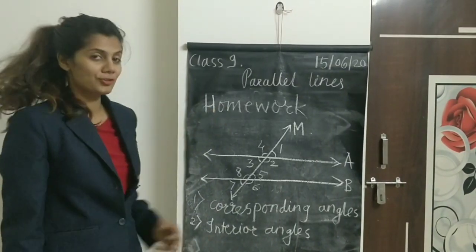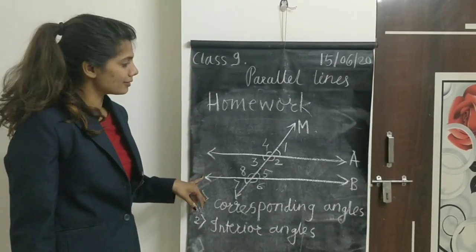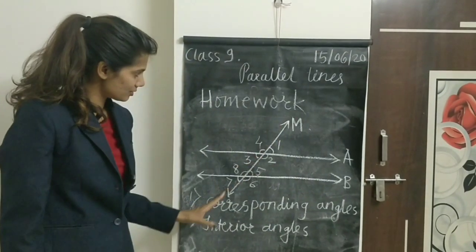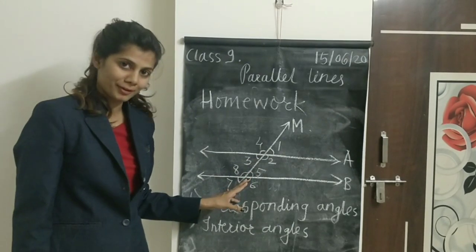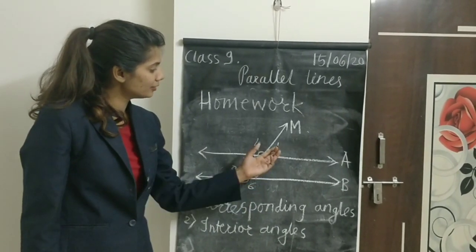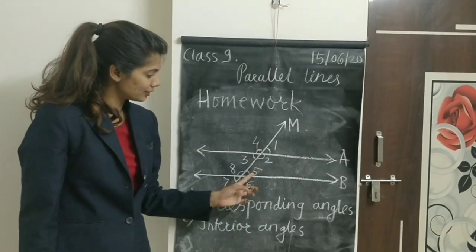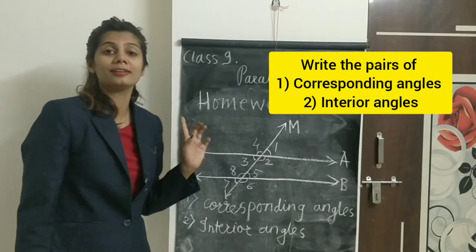And now here is your homework. You have to draw these two lines, A and B, and this transversal M intersecting these two lines at two different points. I have given names to these angles as 1, 2, 3 and 4. Here it is angle 5, angle 6, angle 7 and angle 8.